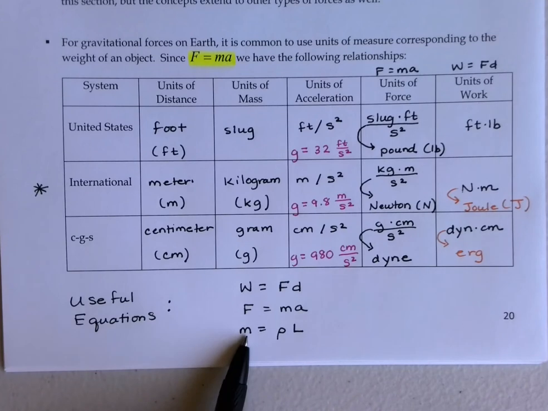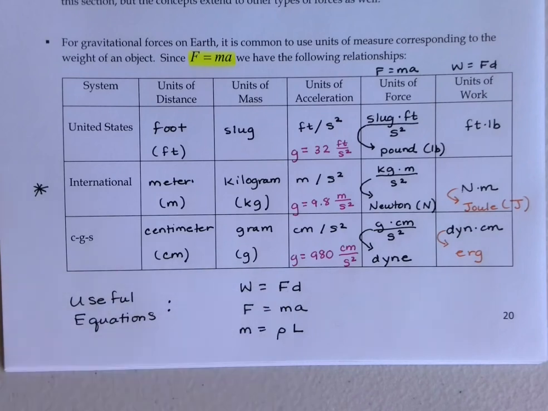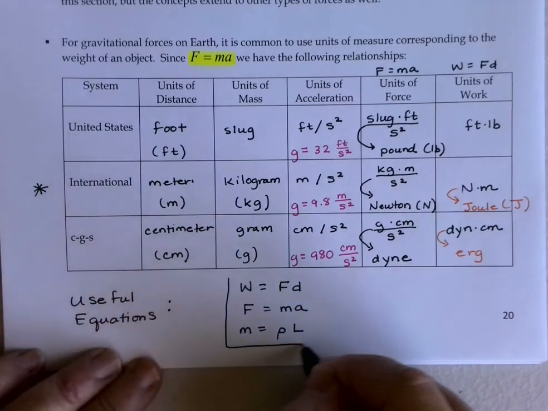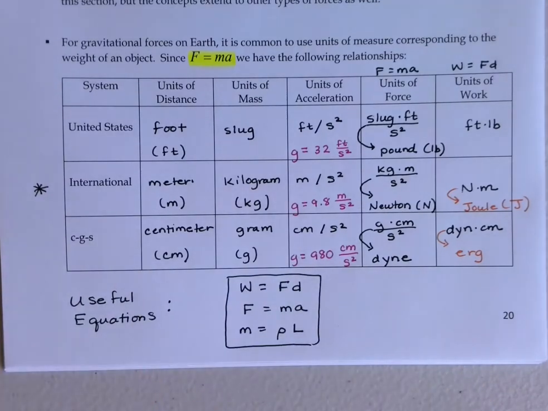Sometimes you'll need to use that to get mass in order to use mass to get force in order to plug the F in here. So these are kind of cascading equations, if you will. You won't need all of them in every problem, but they're helpful when you do need them. All right, let's go ahead and take a look at some examples.